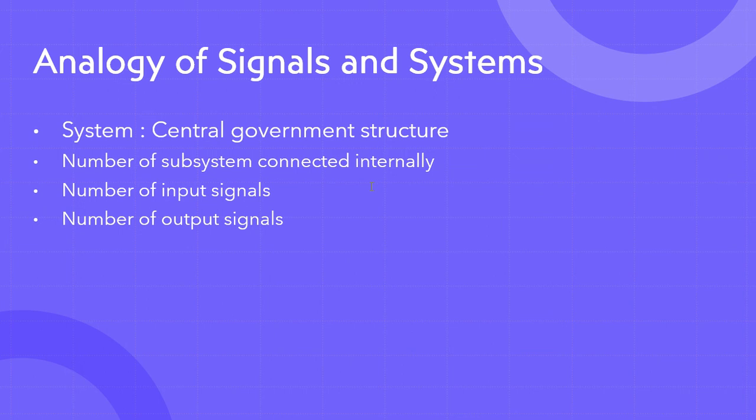Now coming to the output signal, what will be the output signal? The central government will process these input signals. It will take revenues, it will take all the import money, then complaints and applications, proposals and finance.